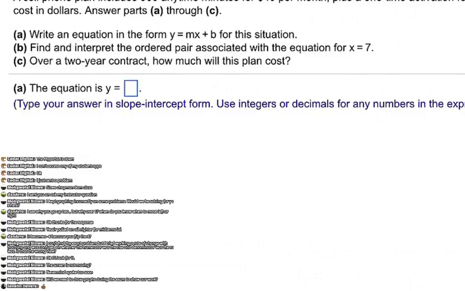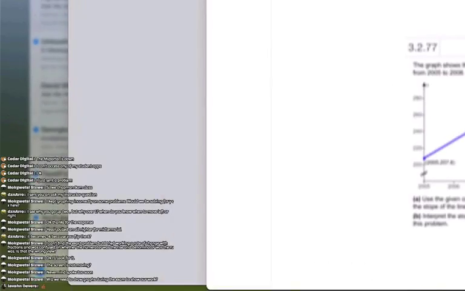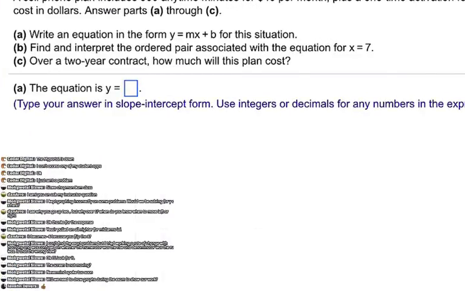I might just type this one. Maybe I can copy and paste. That'll work too.